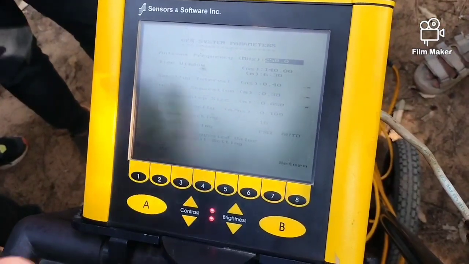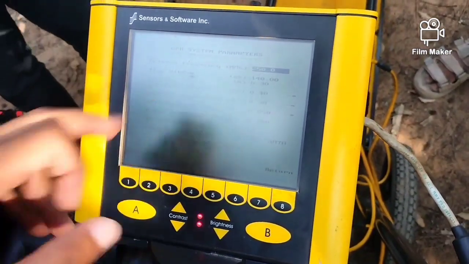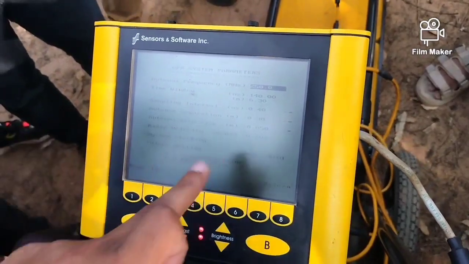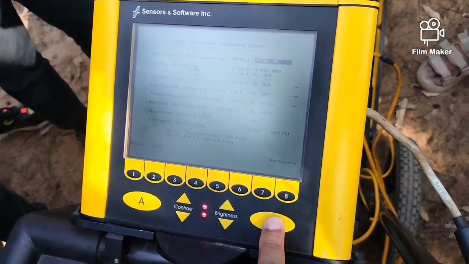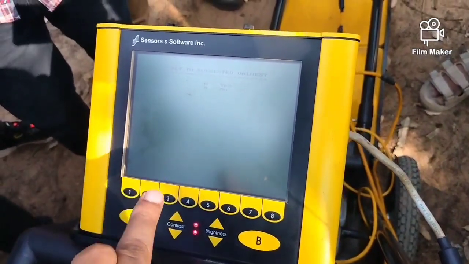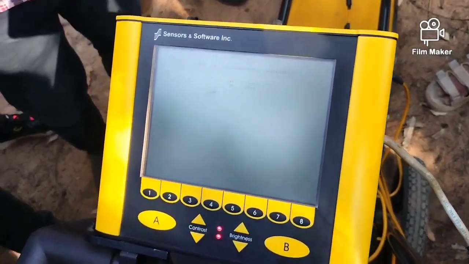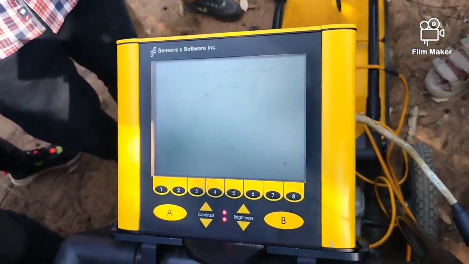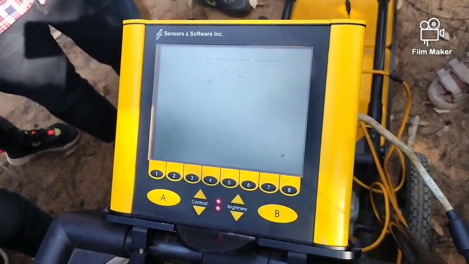Right now, since we were already using this, it's showing 250 megahertz. But if you would change it to 500 megahertz, you have to change it. Then as you go down, it'll ask to set to suggested value, because since the manufacturer built this, they already know what parameters fit best to run a particular frequency.